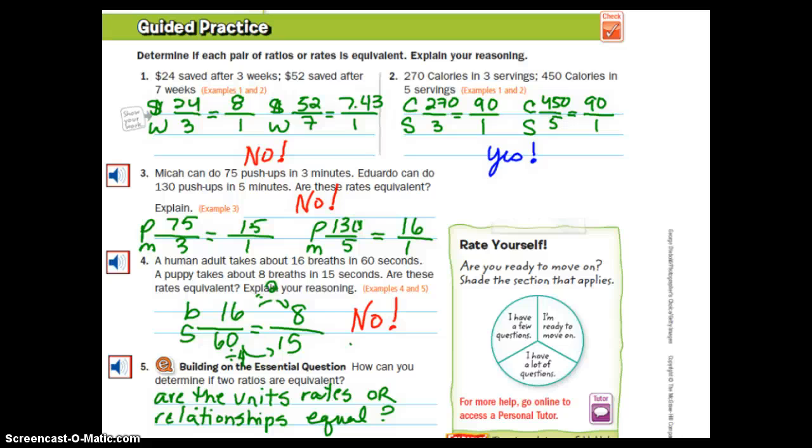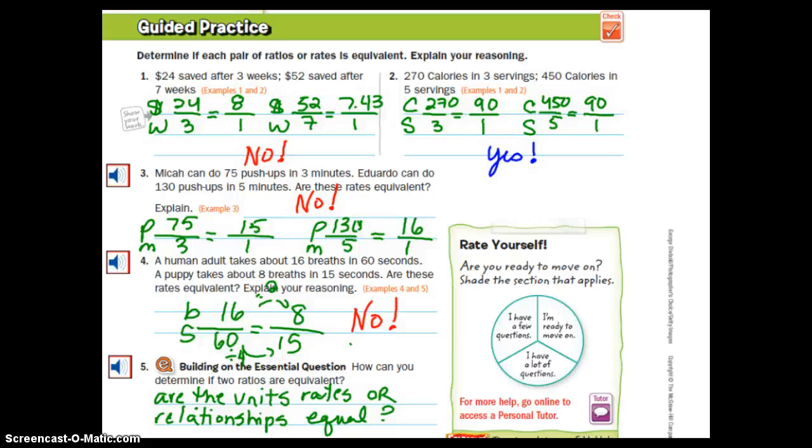In problem number 1, when we get into unit rates, we see that they are not equivalent. In number 2, when we get them to unit rates, we see that we reduce to 90 over 1 in both cases, so the answer is yes.